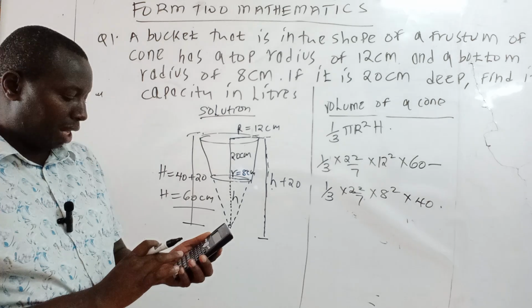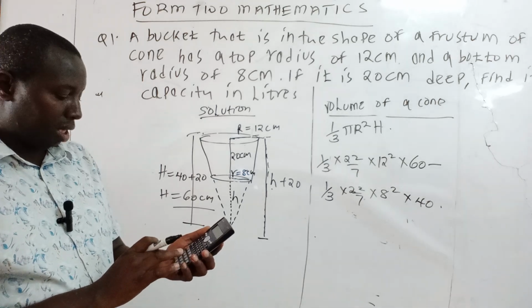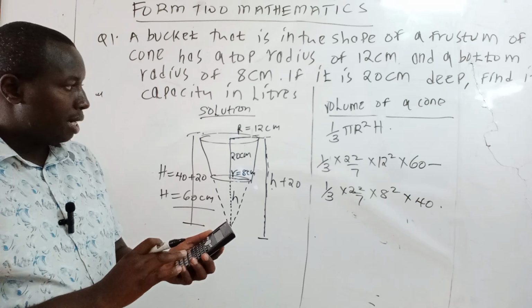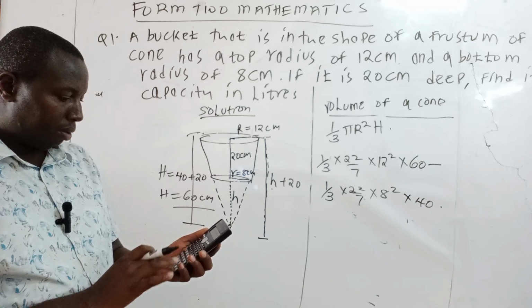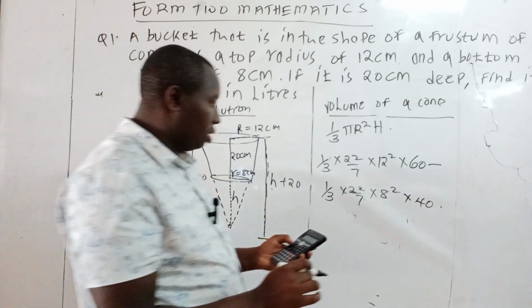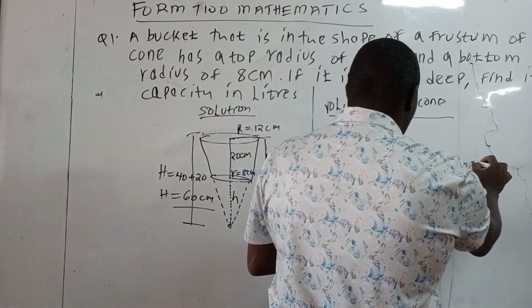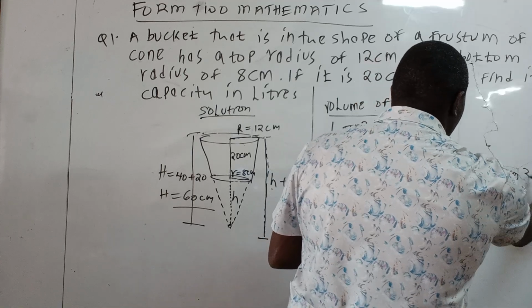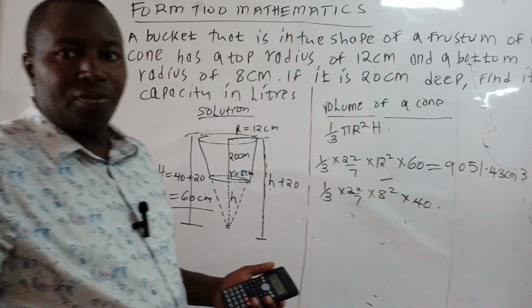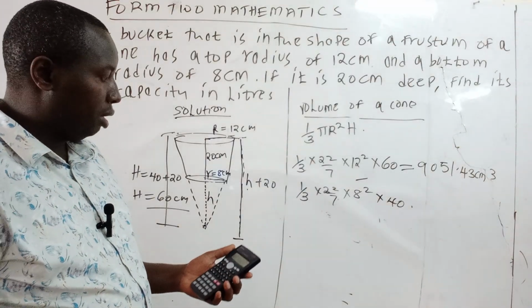So take that, one third times 22/7 times 12 squared times 60. And in this case, you get 9051.43 centimeters cubed.